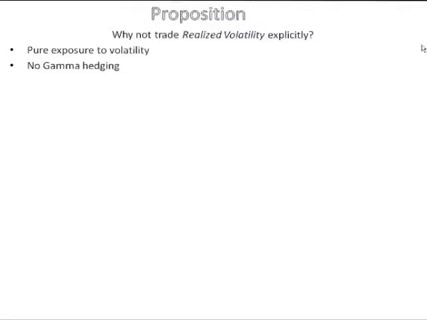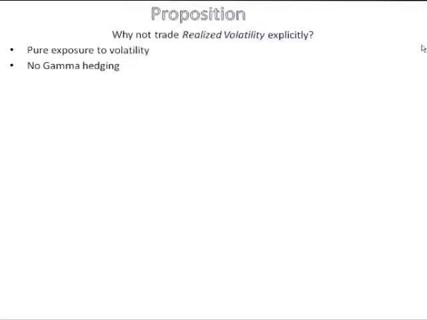There's the sensitivity of the option value to changes in the delta, which is the sensitivity of the option to the underlying. That is, when you're hedging implied volatility, you have to be sensitive to changes in the sensitivity of the option to the underlying.